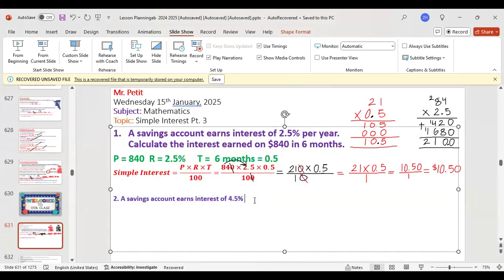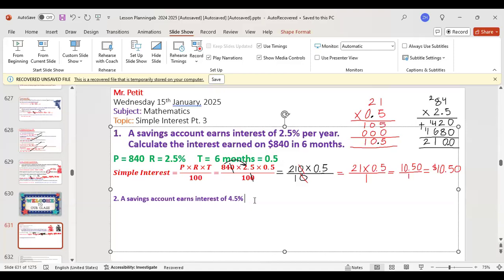I know I added it, and then I got 2,100, but I know where to put my decimal, so I got 210, and then I multiplied 210 by 0.5. I got 1,050. And then I knew where to place my decimal point because there were 2 numbers behind the decimal. You kept the 100 at the bottom. Yeah, I got the same answer as you. $10.50. Yes, sir. Okay, good.